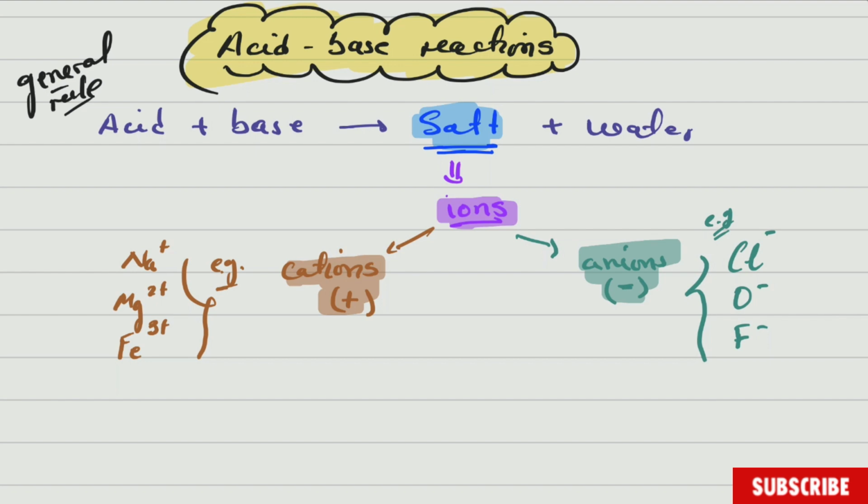So that is important. Now, what else is very important here? Where are the anions and where are the cations coming from? We need to know that the anions will come from the acid, guys. All the anions will come from the acid, and the cations will come from the base.